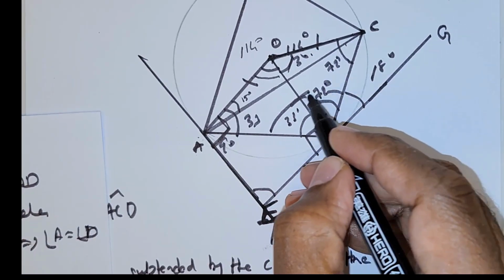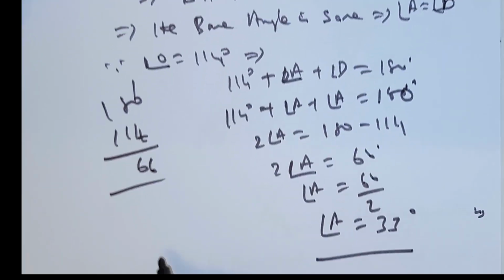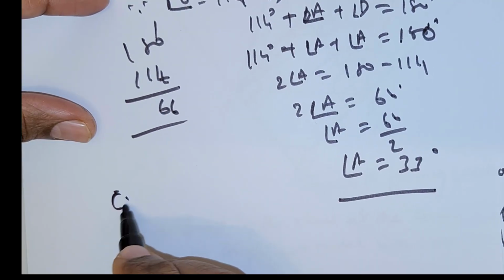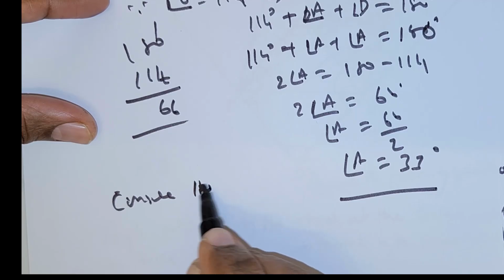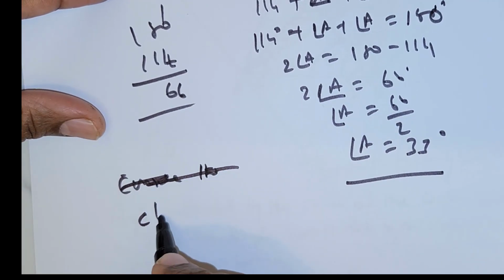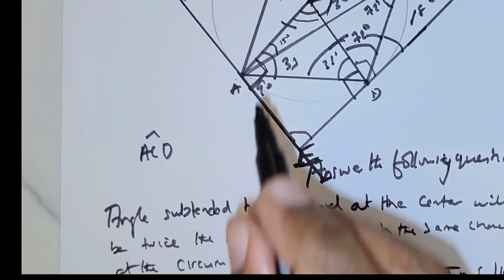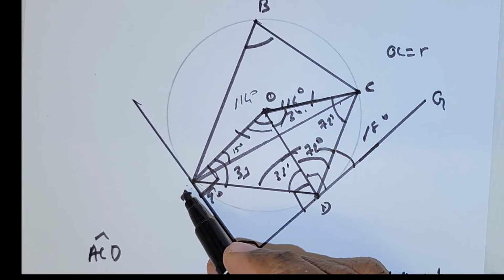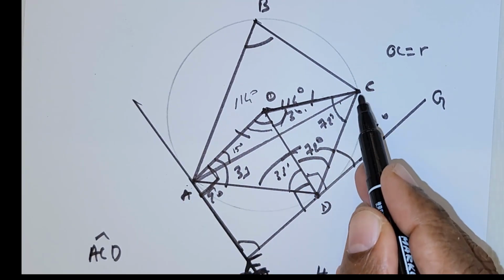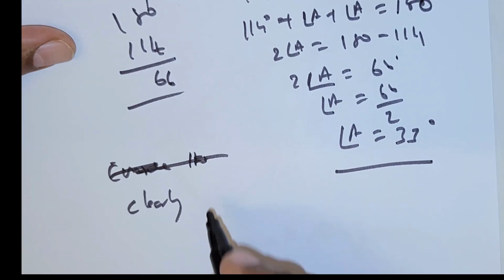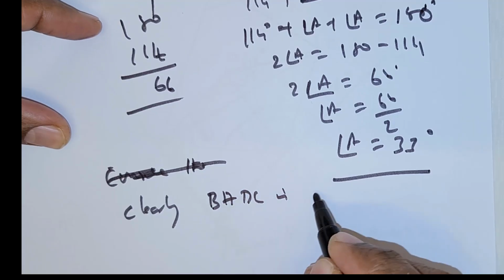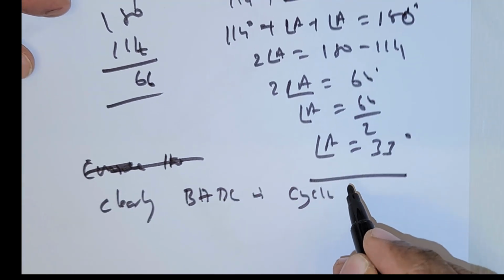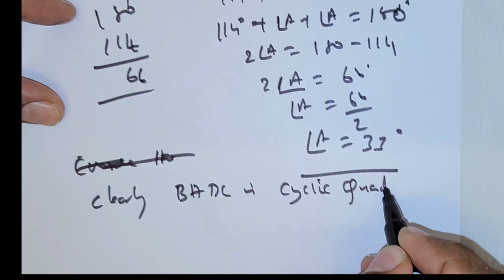Okay, this entire stretch is required. So consider, clearly BADC is a cyclic quadrilateral.